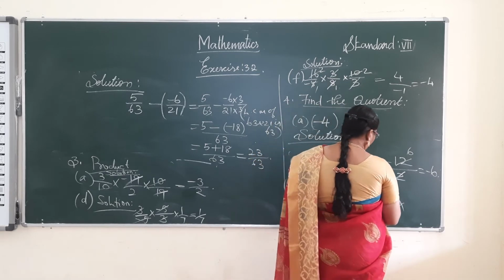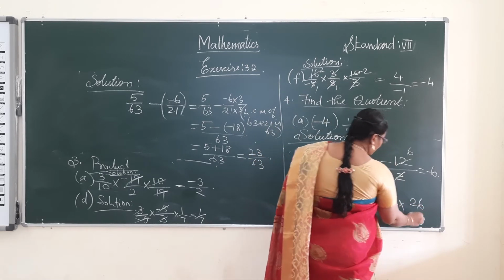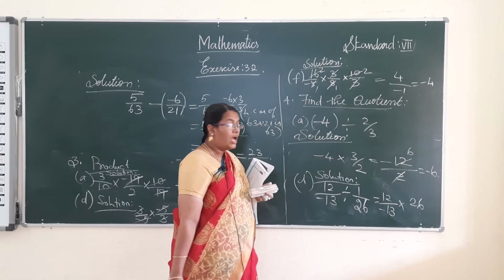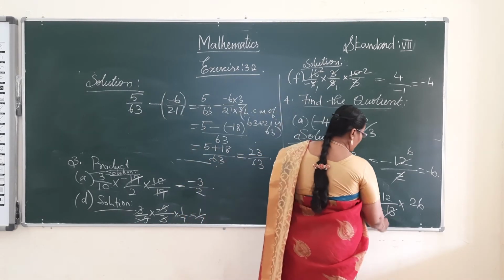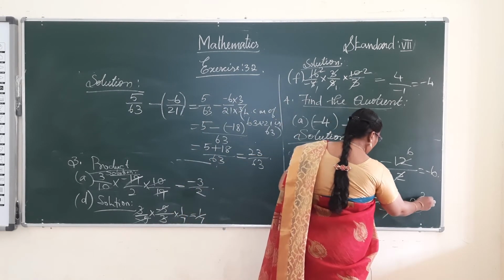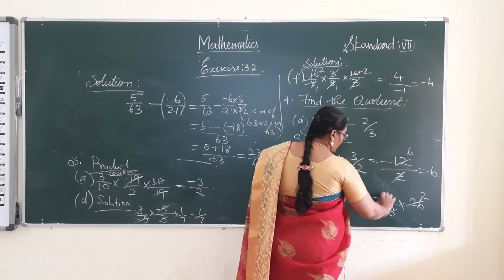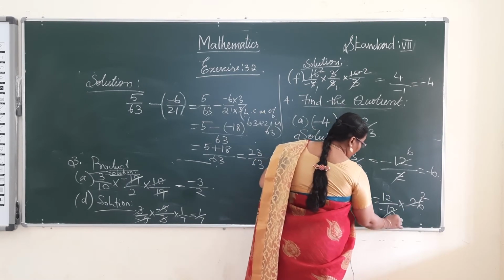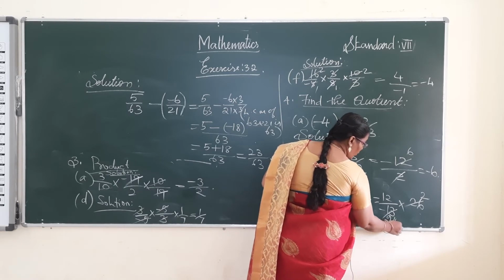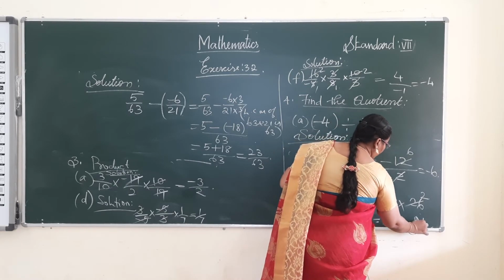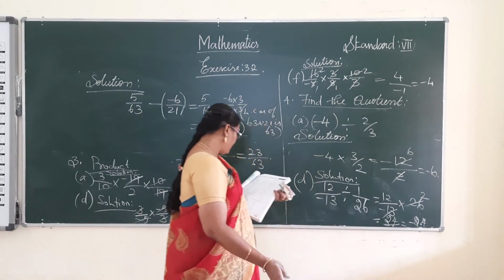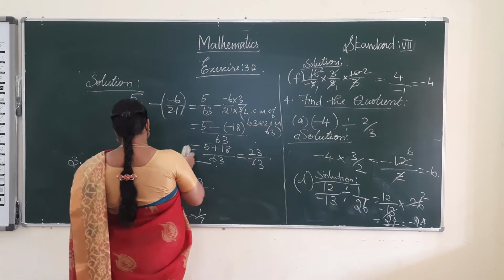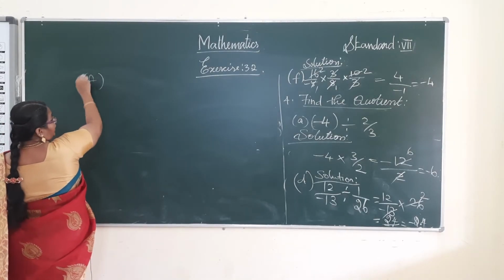So the reciprocal of 1 by 26 is 26. It cancels in 13 table: 13 2s are 26. So multiply the numerators: 12 2s are 24. The denominator already has minus 1. So the answer is minus 24.